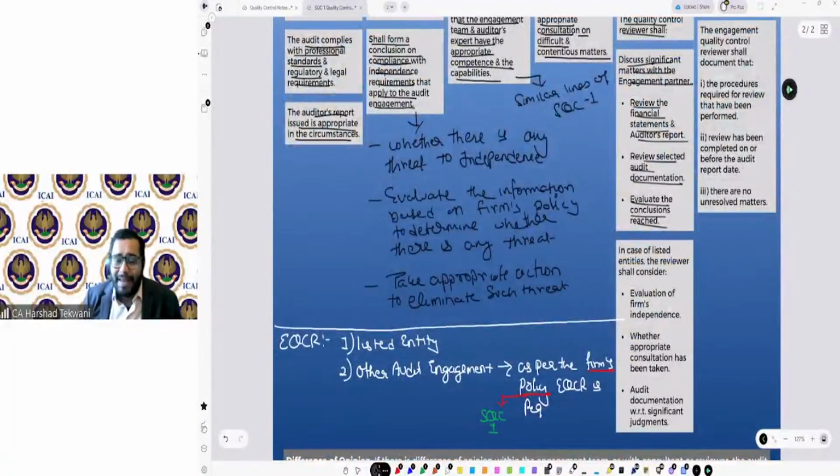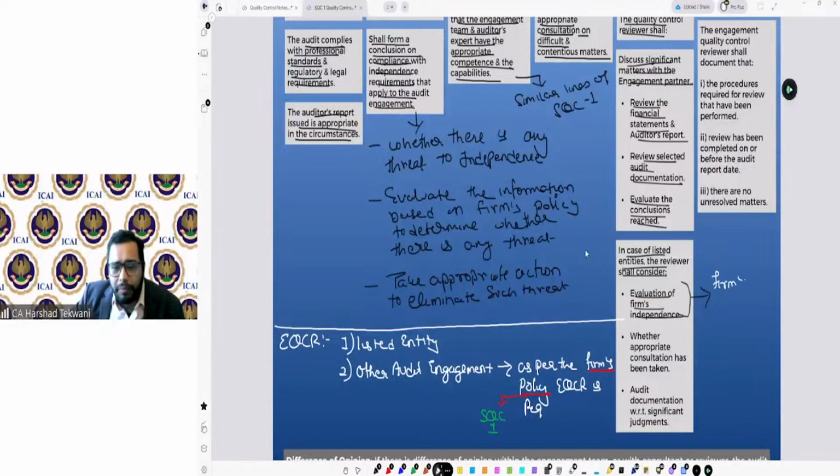In the case of a listed entity, the reviewer shall consider evaluation of the firm's independence, and for that the firm will have a firm's independence policy as per SQC 1.